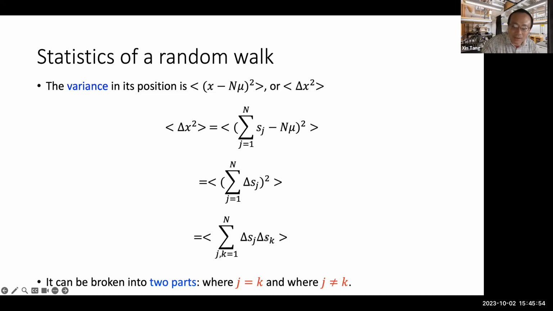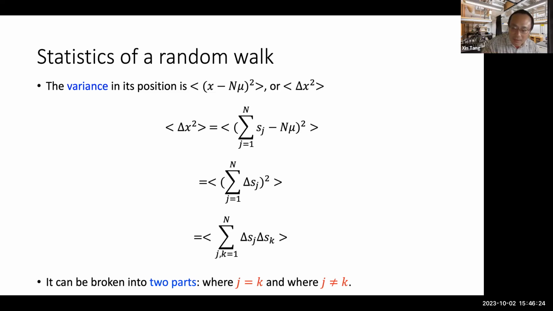Among all those terms, there are two different types. The first type is where in each term, j and k are equal to each other. That means delta sj equals delta sk because they are the same term. The other is where j and k are not equal, such as j is 1, k is 2. Then delta s1 times delta s2 is two different terms.